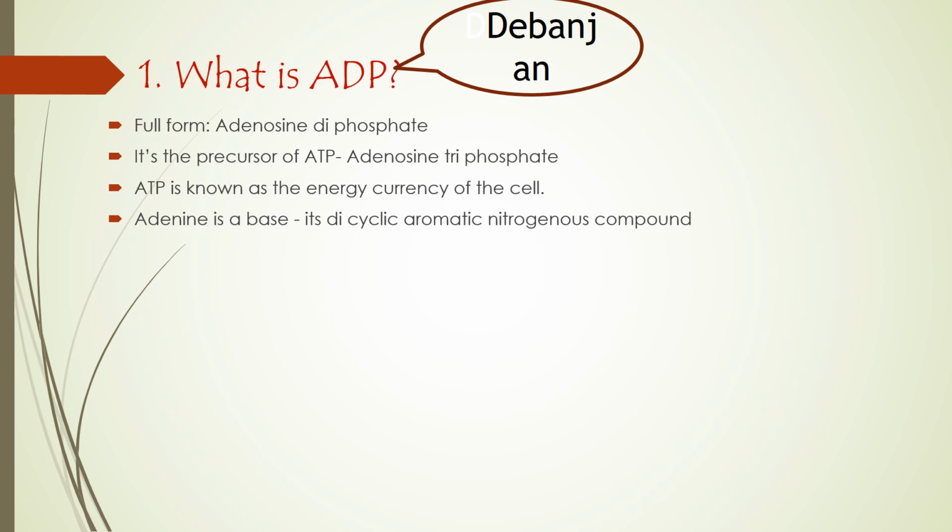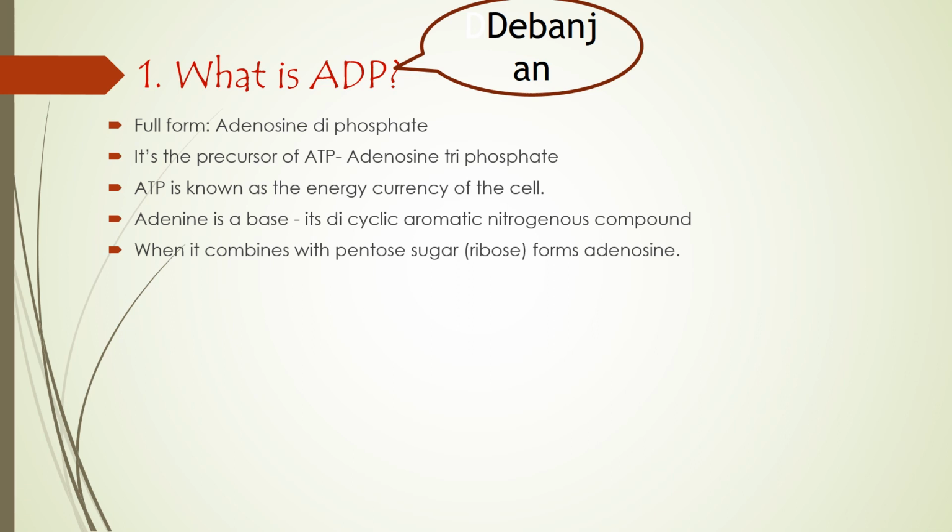Now, adenine is a base, means it is having the basic properties, alkaline properties. It's a nitrogenous base which is having a dicyclic ring. When it combines with pentose sugar, ribose, it forms adenosine. So it is going to form a nucleoside.